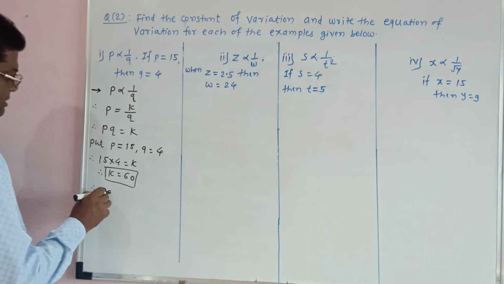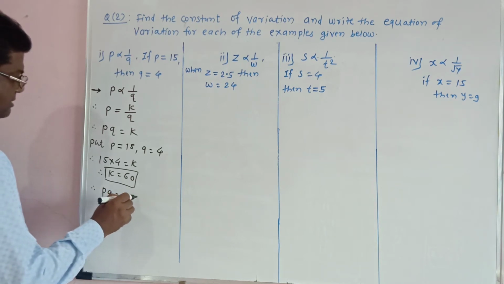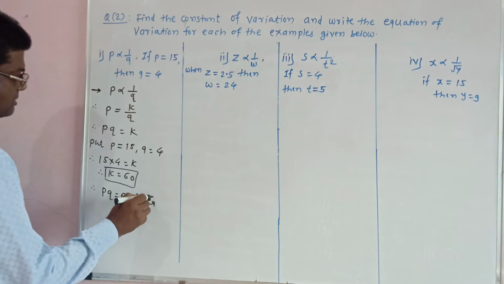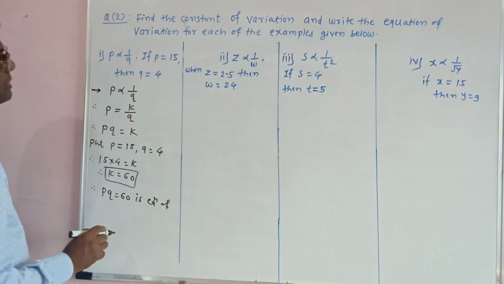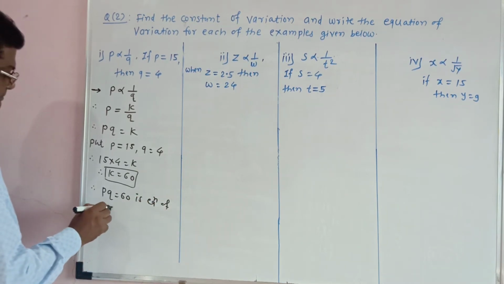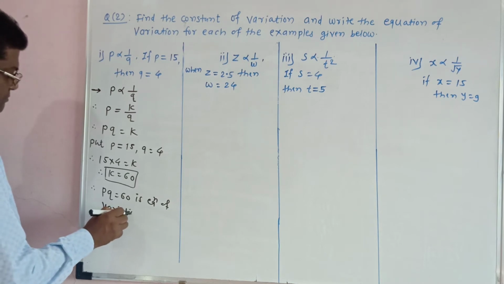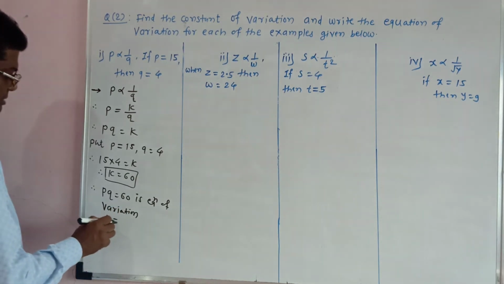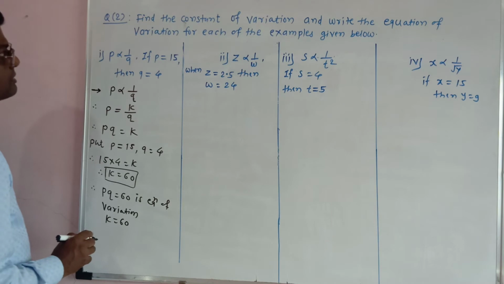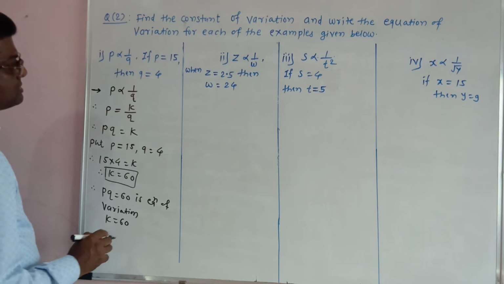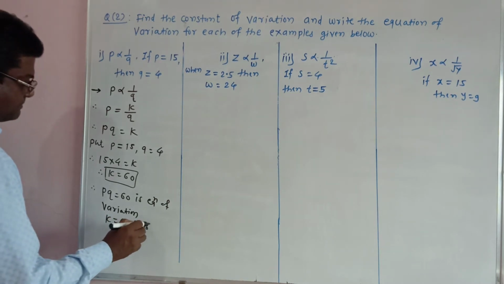Therefore, PQ is equal to 60 is the equation of variation, and K is equal to 60 is the constant of variation.